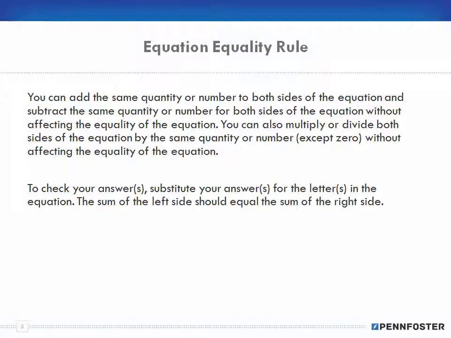Let me just quickly rewrite this. 3 plus x is equal to 5. Now, it says here we add or subtract on both sides. So I realize that's a plus 3, and so I'm going to subtract 3. Minus 3 and a plus 3 ends up being 0, so I'm left with x is equal to 5 minus 3.